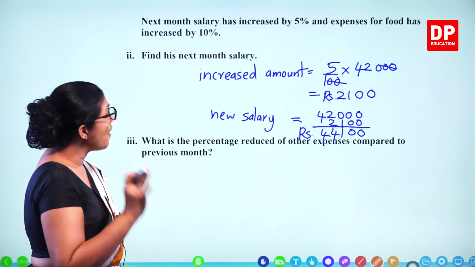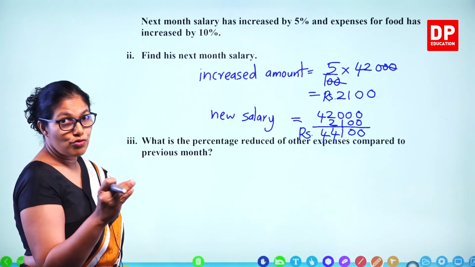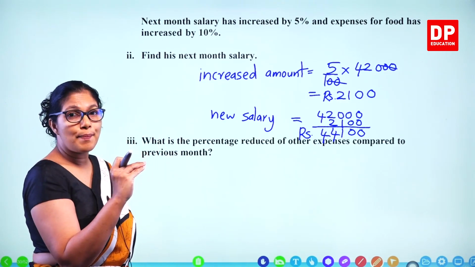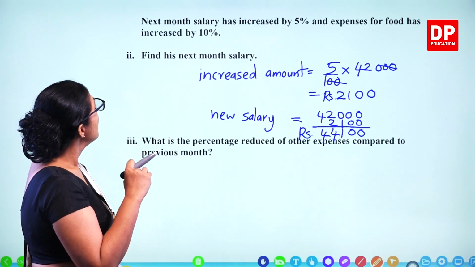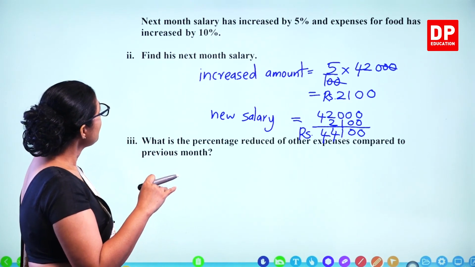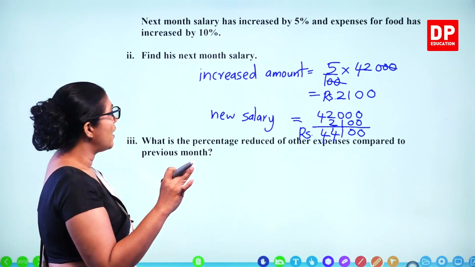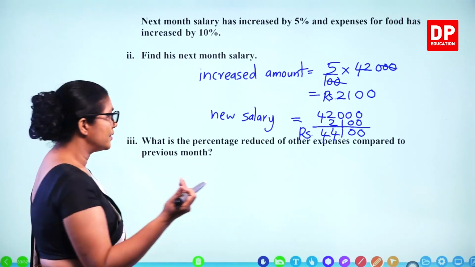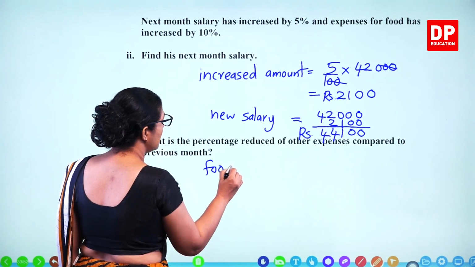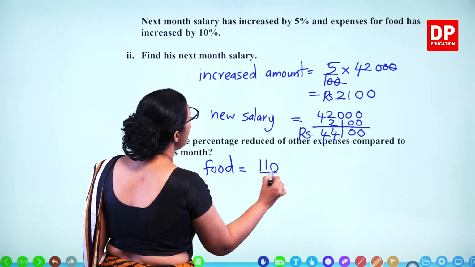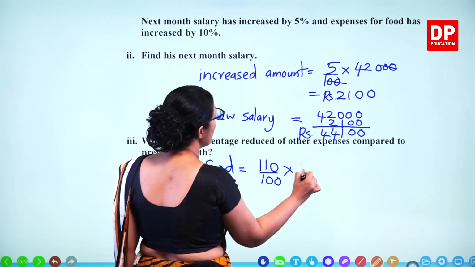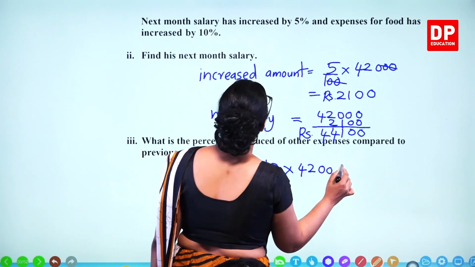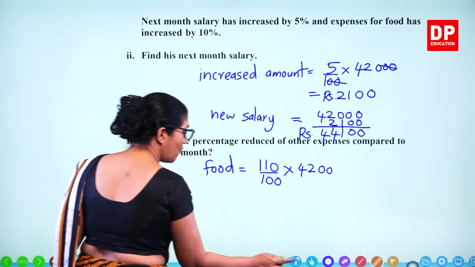What is the percentage reduced of other expenses compared to previous month? So we have to find out the other expenses to find out the reduced amount. So it says food has increased by 10%. So we'll first find the value for food. So we can straight away find out that value. If it's increased by 10%, you can find out 110% value. So for food, 110 over 100 into... No, not the value for that.